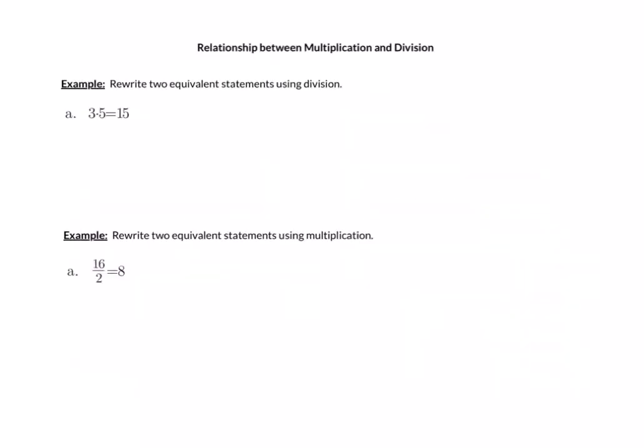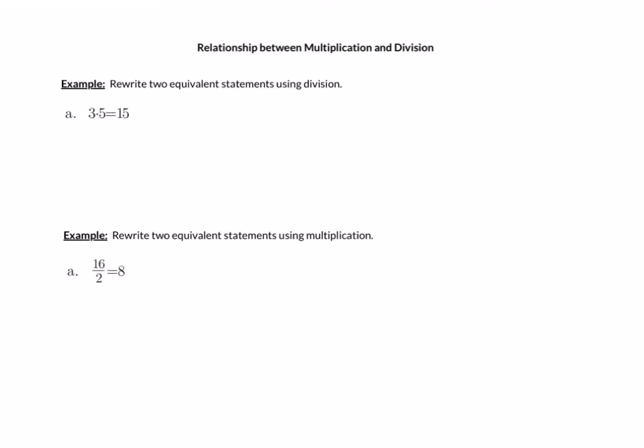Okay, so let's go ahead and talk about the relationship between multiplication and division. So, just like with addition and subtraction, those two operations are closely related. Multiplication and division are also closely related. They are opposites of each other. So for example A, we have a multiplication problem, and I want to rewrite two equivalent statements using division.